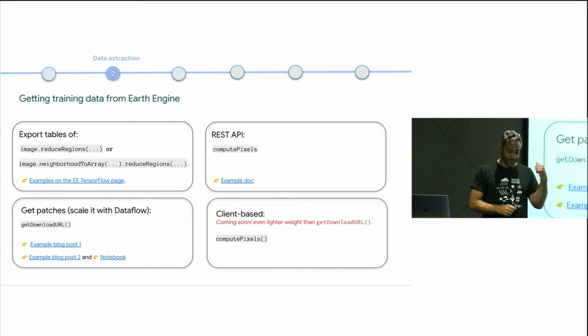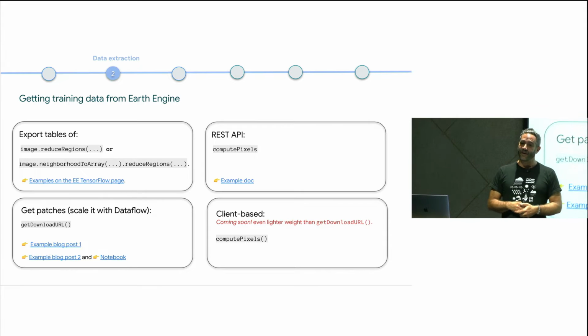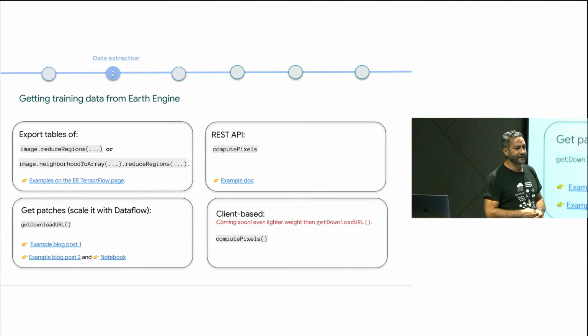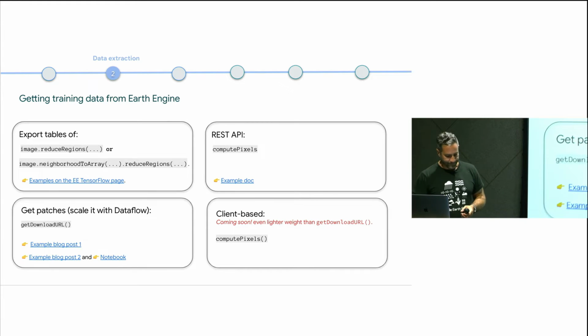And there's an example for that in our docs. You can get patches with get download URL, which is somewhat different than what we've done previously. And you can scale that with Dataflow, which makes it a really nice option. Coming soon, there will be a client-based compute pixels, which is even lighter weight than get download URL. Not quite ready yet, but coming soon.